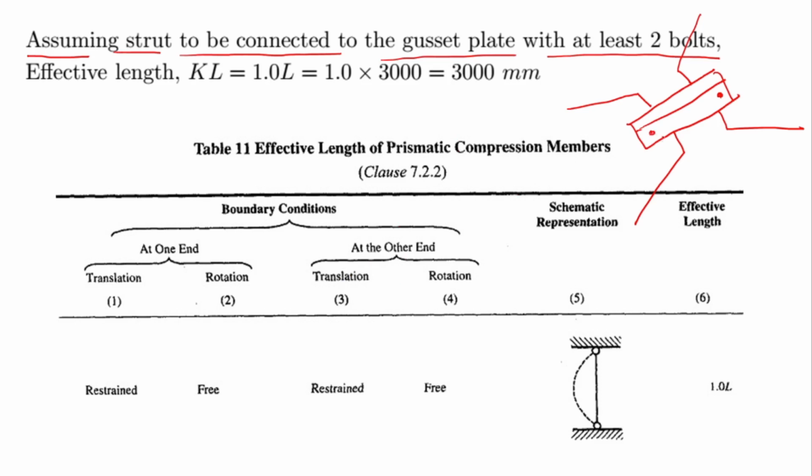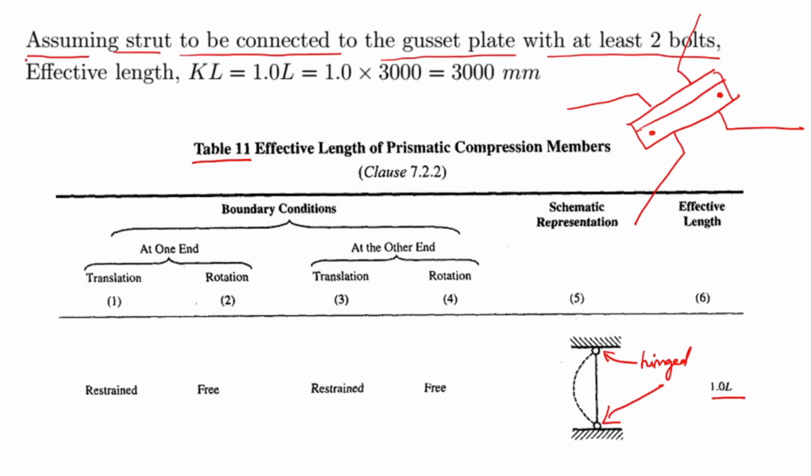Then this connection will resemble both ends hinged. Because we have placed bolts on the 2 ends of the strut, it will be like both ends hinged. So its effective length will be taken from Table 11, which is 1.0 L.